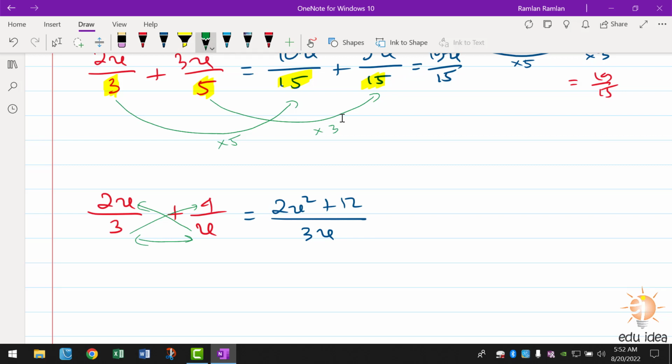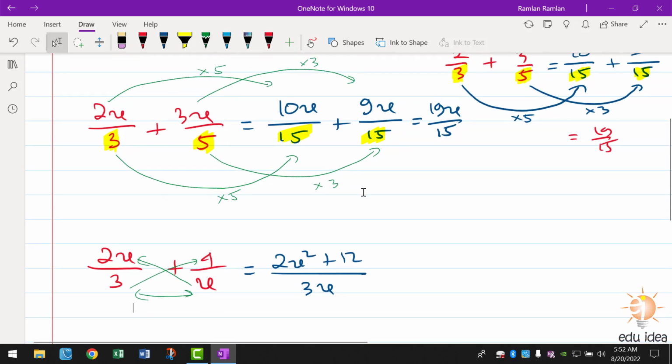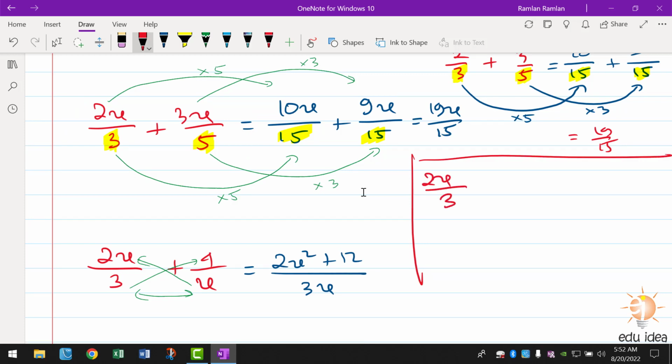So you can actually do the same thing when we have this question here, right? So I'm going to show you. Let's do the same exact question again, but this time we're going to use this method. So we have 2x over 3 plus 3x over 5. We're going to cross multiply that. We have 5 times 2x, which is going to be equals to 10x, right?